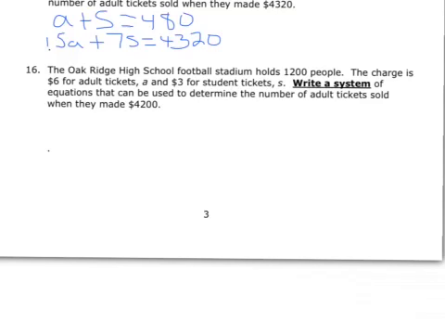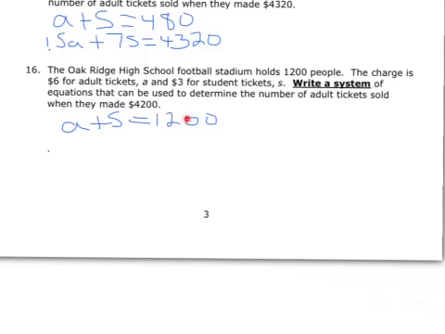We have tickets being sold. We have a total number of people. They are adults and they're students. So we have the adults plus the students equaled 1,200 people. So we have people plus people equals more people.